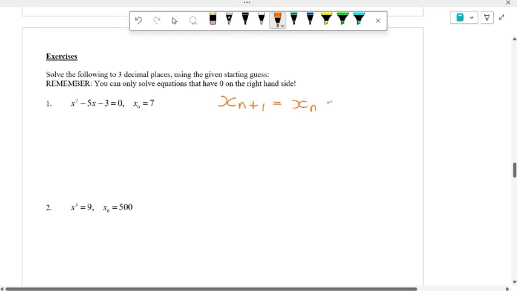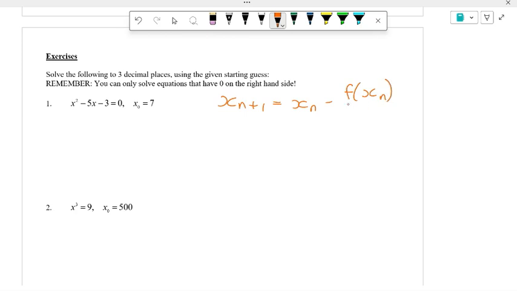I'm just going to write the formula down for you again, which you get given. And you'll see the way we ask the questions in exams, we actually ask you to write down the specific formula you're going to use.